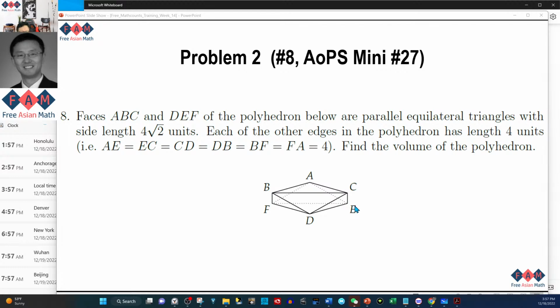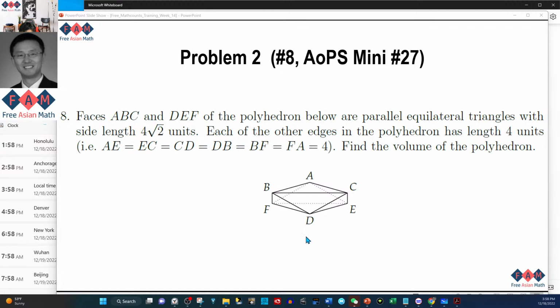But from here, you really cannot just imagine what kind of figure that is. Oh, by the way, by symmetry, BDF is also such a 45, 45, 90 triangle. So we really cannot imagine what kind of figure we are having, because this figure, the way it was drawn, doesn't make sense at all. That's why this problem is so difficult.